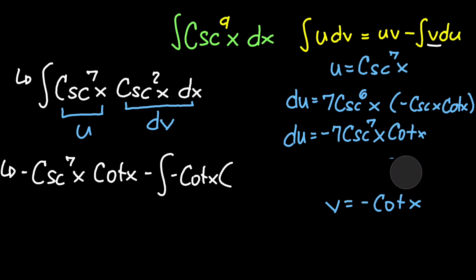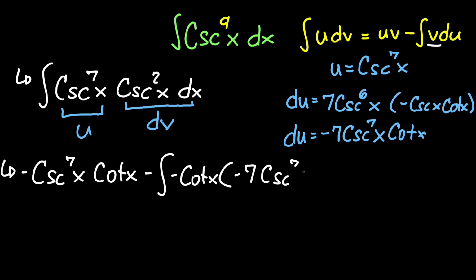Let me just erase this. It would be negative 7 cosecant to the power 7 of x, cotangent of x. Alright, and I forgot, whenever you're taking a derivative, always multiply it by dx, since it is with respect to x. So this would be dx.